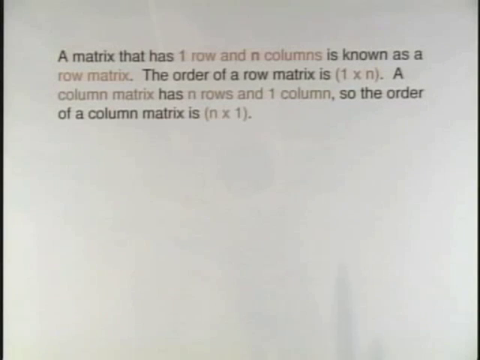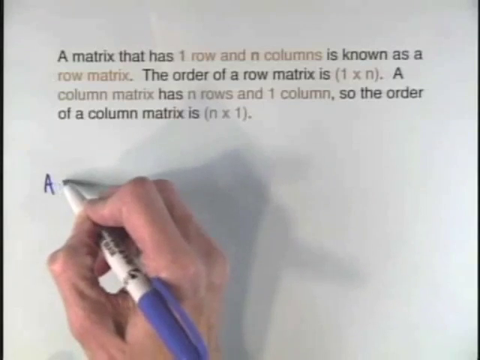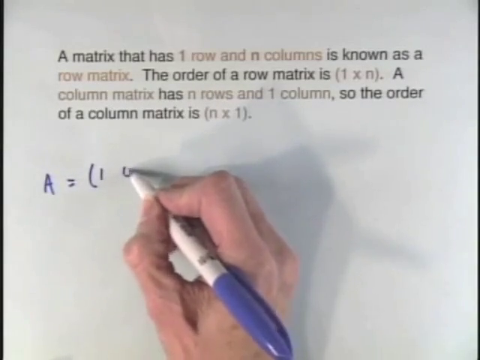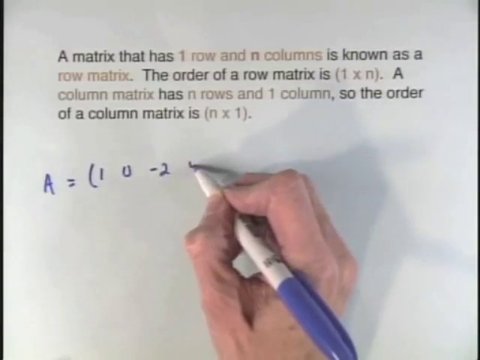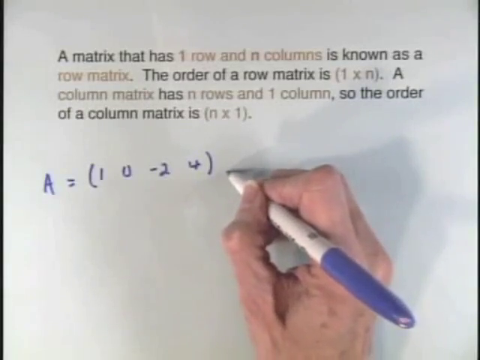A matrix that has 1 row and n columns is known as a row matrix. The order of a row matrix is 1 by n. A column matrix has n rows and 1 column, so the order of a column matrix is n by 1. For example, matrix A equal to, parenthesis, 1, 0, -2, 4, is a row matrix with order 1 by 4.